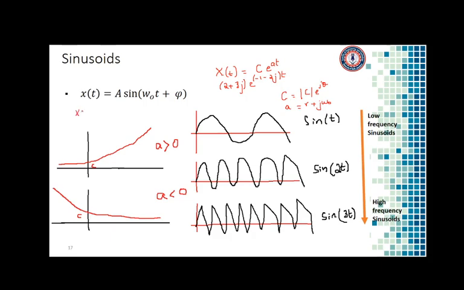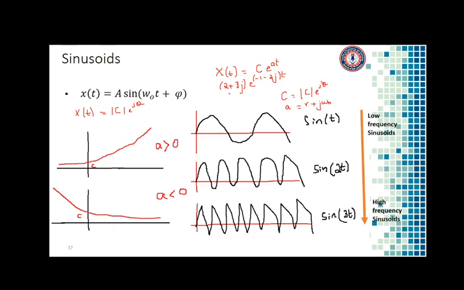So this x of t can be written as c e to j theta. I have already written that here. So I can write x of t equals this.